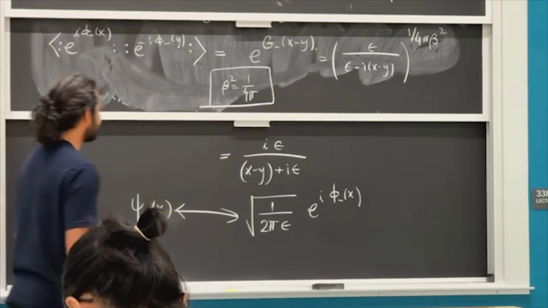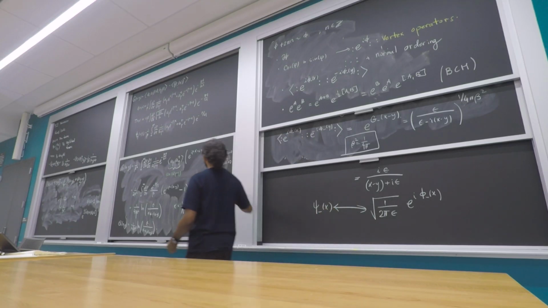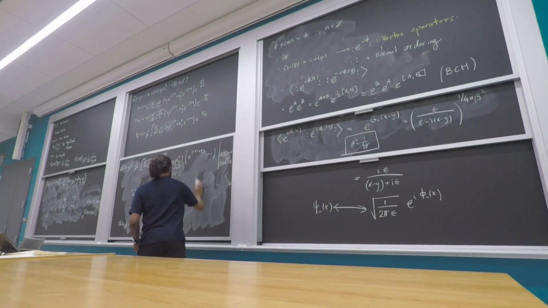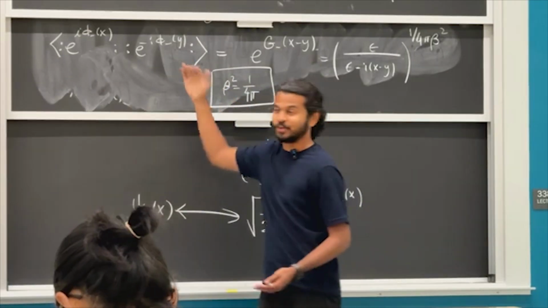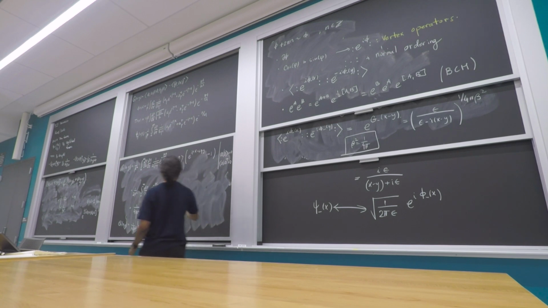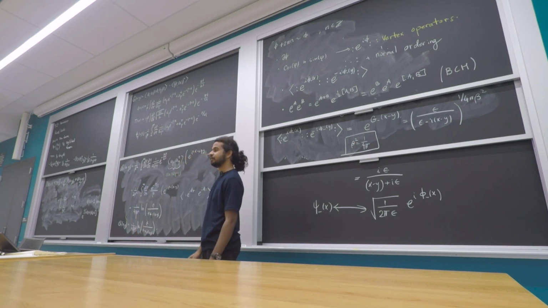So the first thing I want to comment on is the following. I just showed this, right? I could have also derived this. Let's now write phi plus phi minus, right?